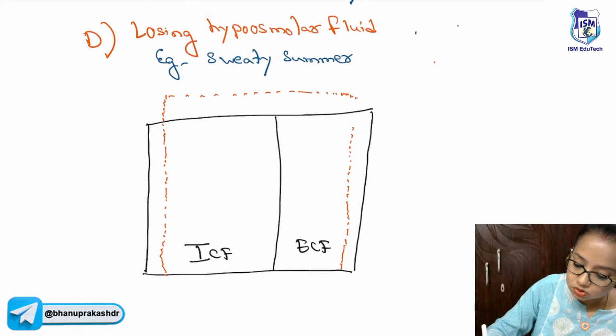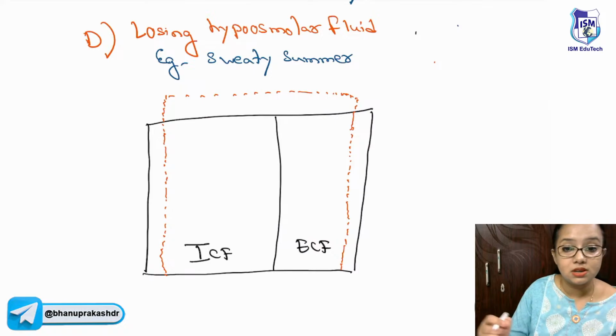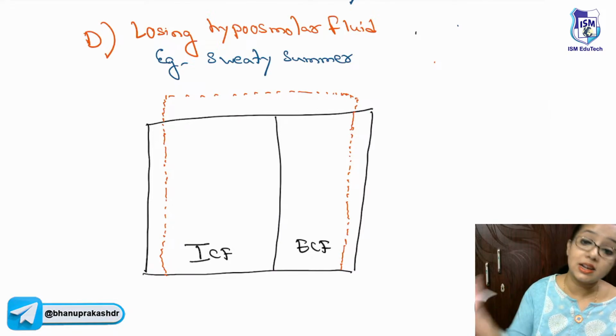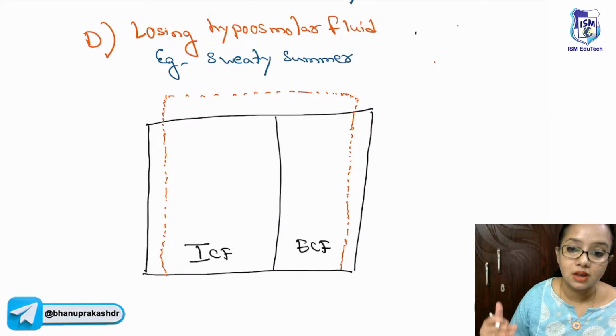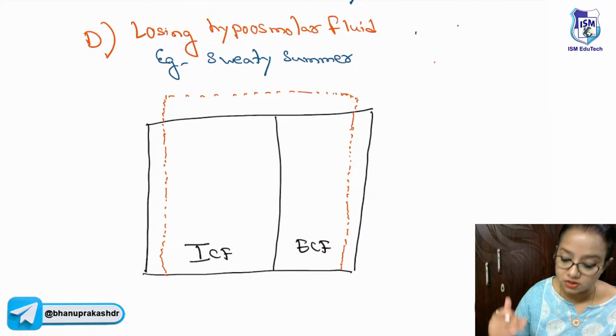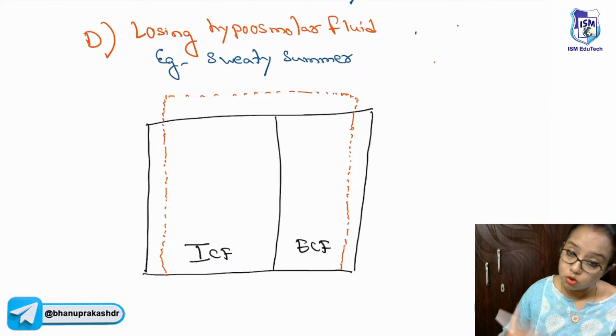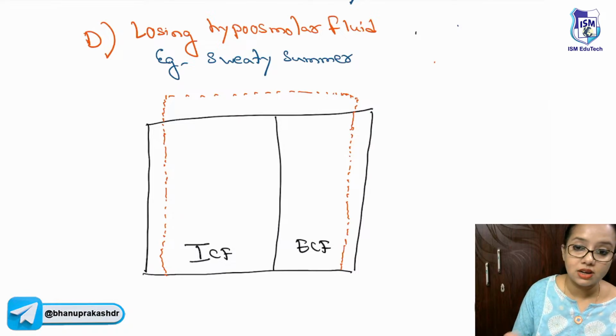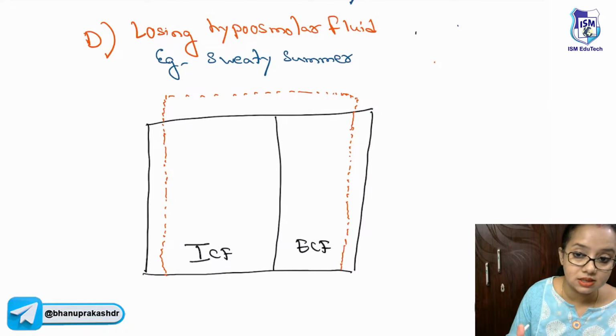Because water is going out more with a little bit of salt, so volume is decreasing. Water is going out, true. Salt is going out, true. Yet not the lion's share of the sodium and potassium and chloride that is present in the body is going out. So when more water is going out and less salt is going out, what happens to the osmolarity within the ECF and ICF?